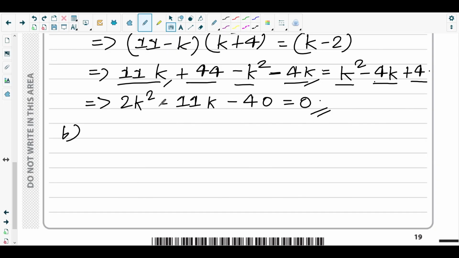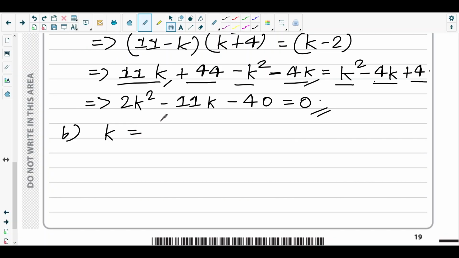40 times 2 is 80, so 8 times 10 is 80. Okay, let's use the quadratic formula, that's better.